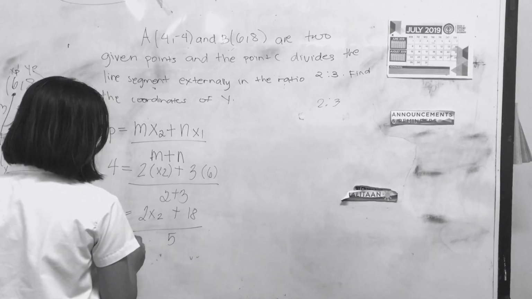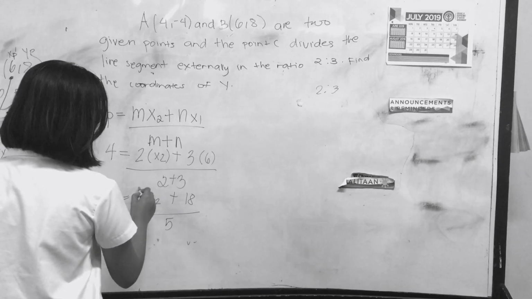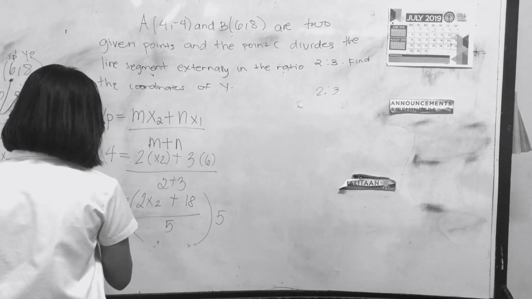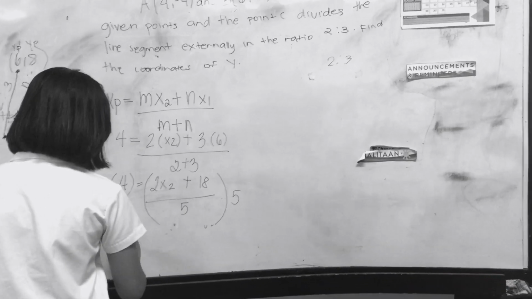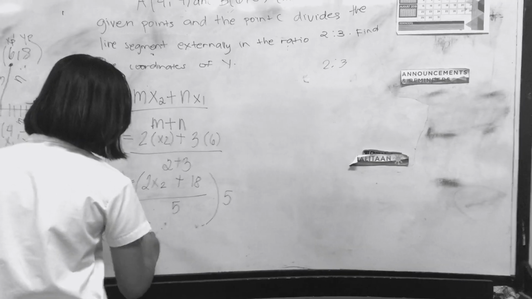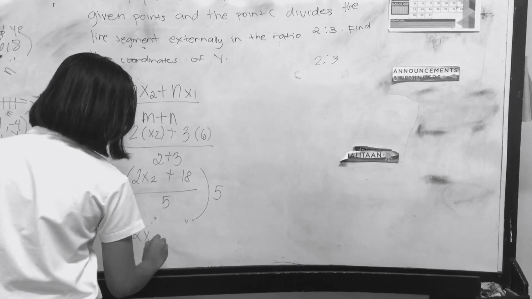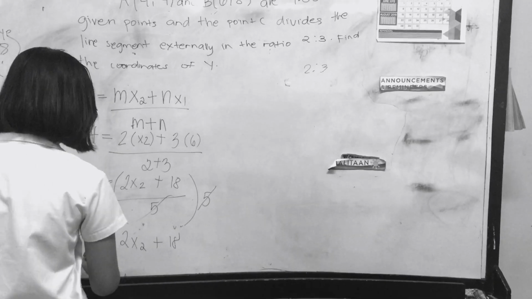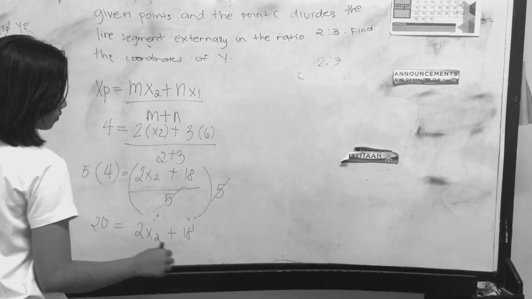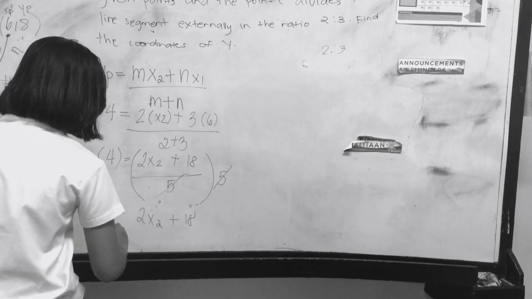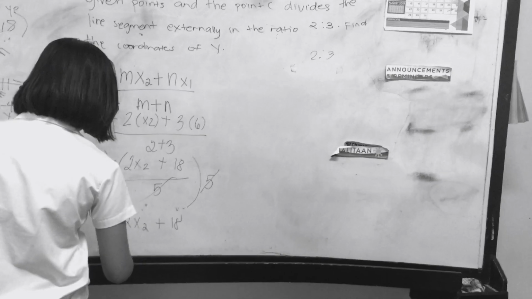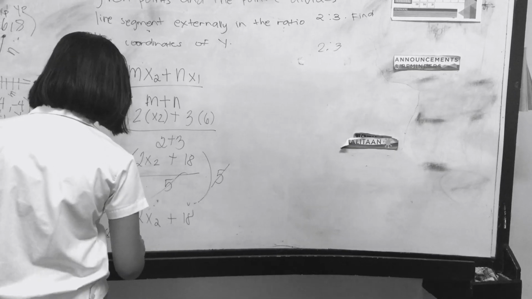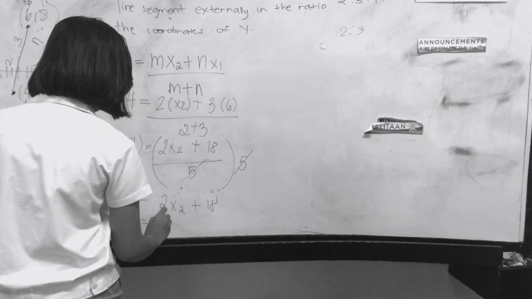To cancel the denominator, we need to multiply both sides by 5. 5 times 4 is equal to 20. 20 equals 2 x sub 2 plus 18. We need to transpose the 18 first. 20 minus 18 equals 2 x sub 2.